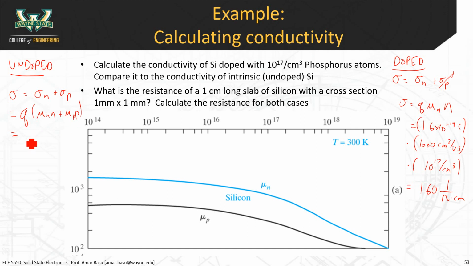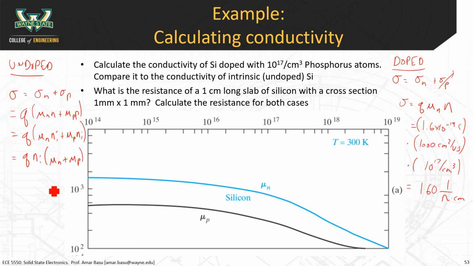So this is going to become q times mu n times ni plus mu p times ni. The hole concentration and the electron concentration are equal to each other in an undoped material. So q times ni times mu n plus mu p. All right. And just in the interest of time, we won't bother doing that calculation.